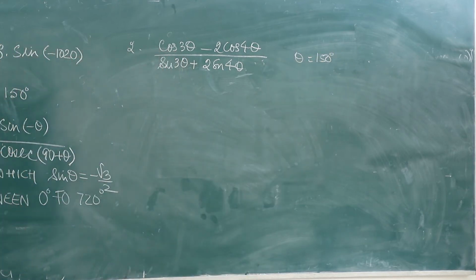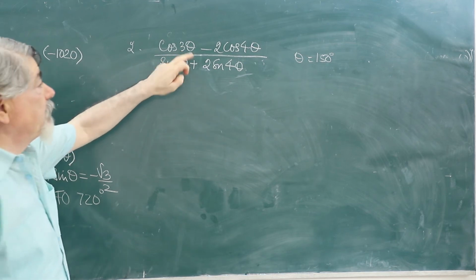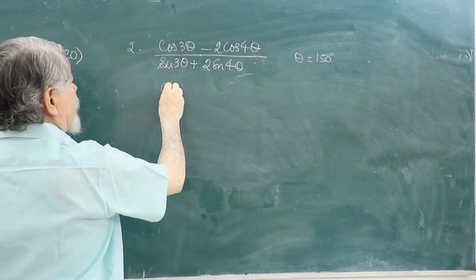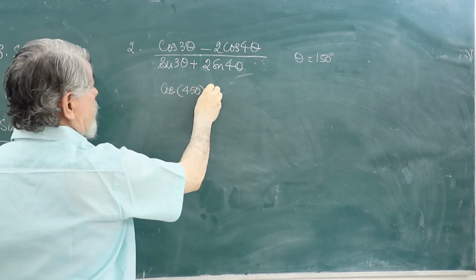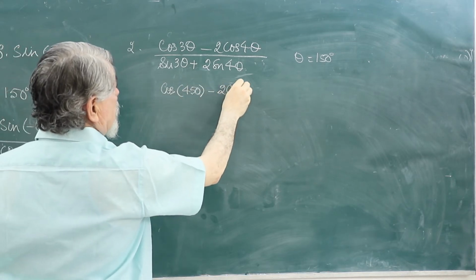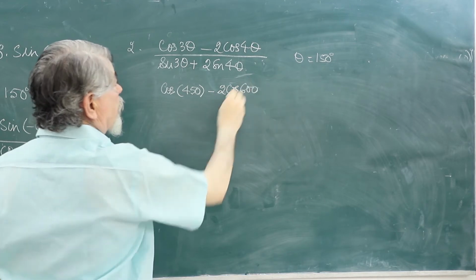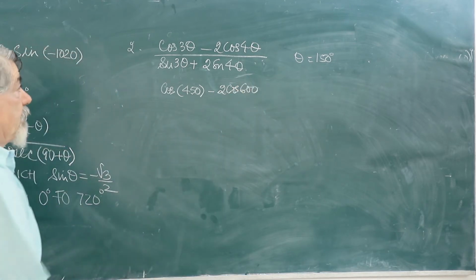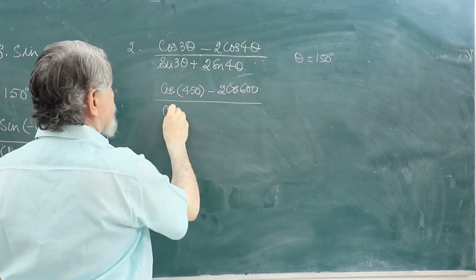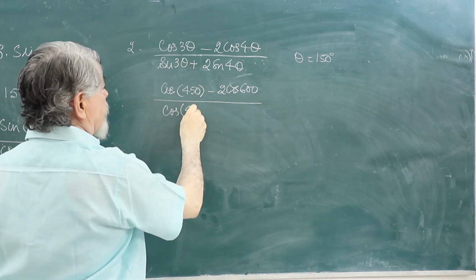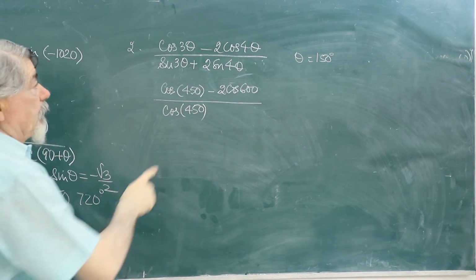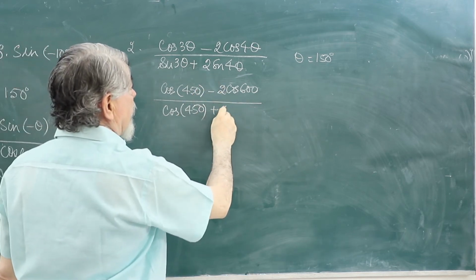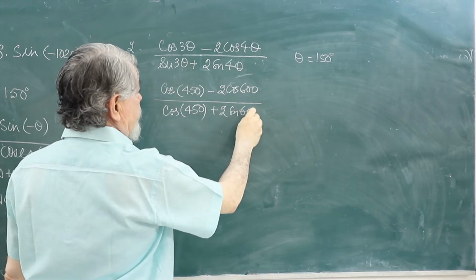Here theta is given to be 150, so obviously 3 theta will become cos 450, cos 450 minus 2 cos 600. 150 fours are 600. Again it will be cos 450 because 3 into 150 will be 450, and it will become 2 sine 600.